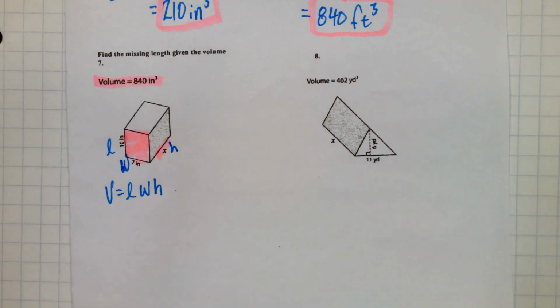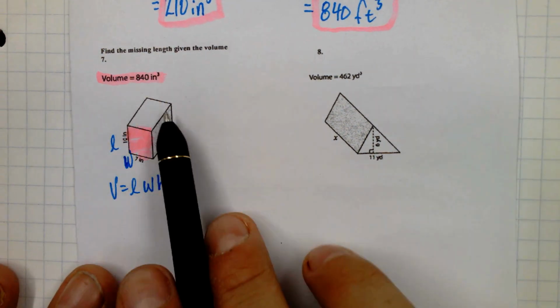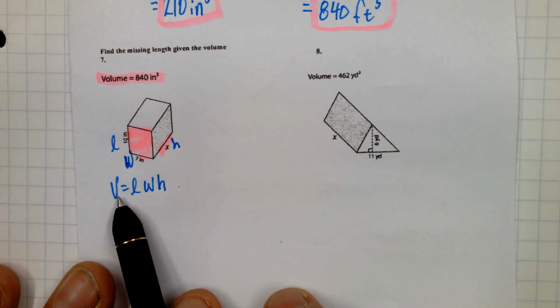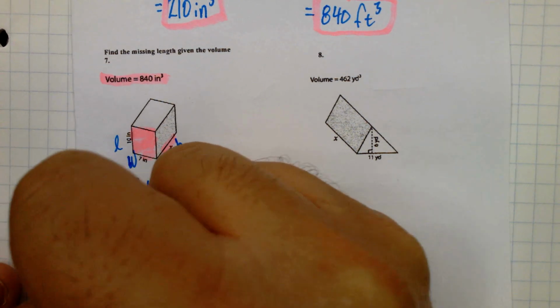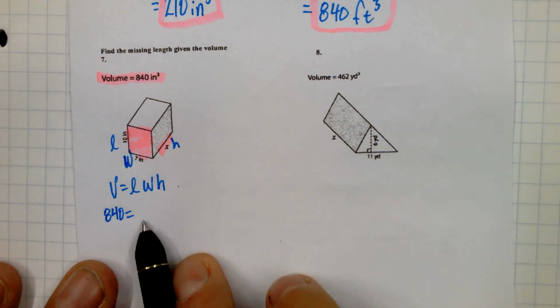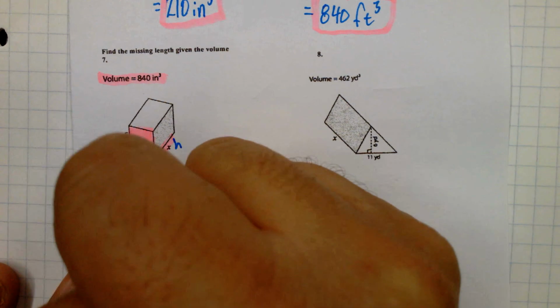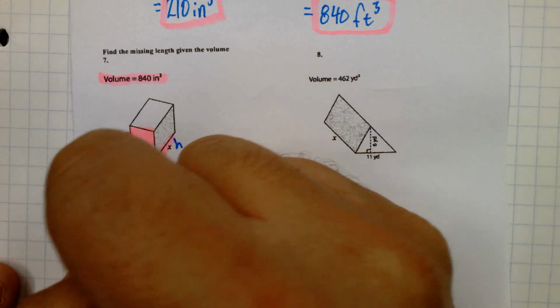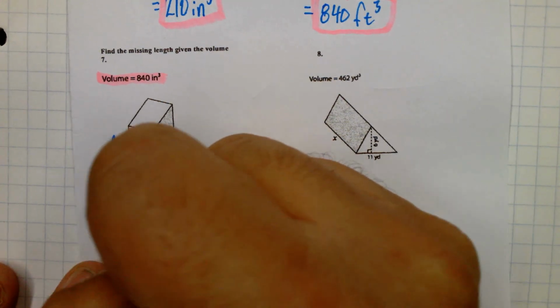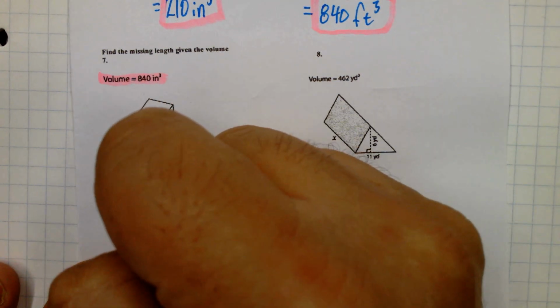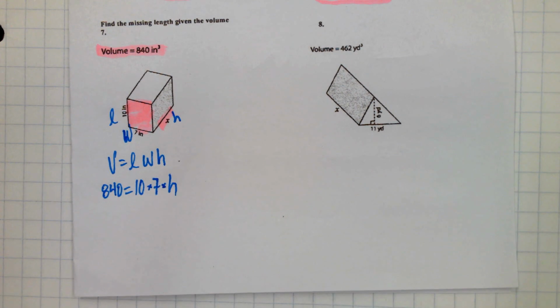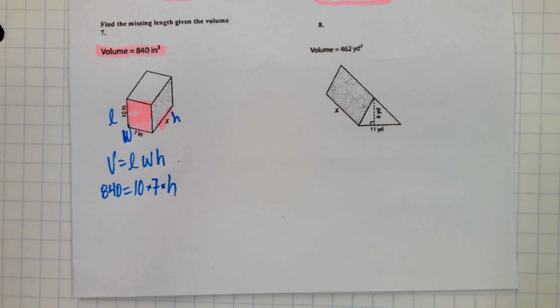So let's replace everything we know. Do we know the volume? Yes, we sure do. It's 840. We also know the length. It's 10. We also know the width. It's 7. We don't know the height. I'll just put h. You see what I did? I put in every number I know, leaving out the one I don't know, and I used h for that.